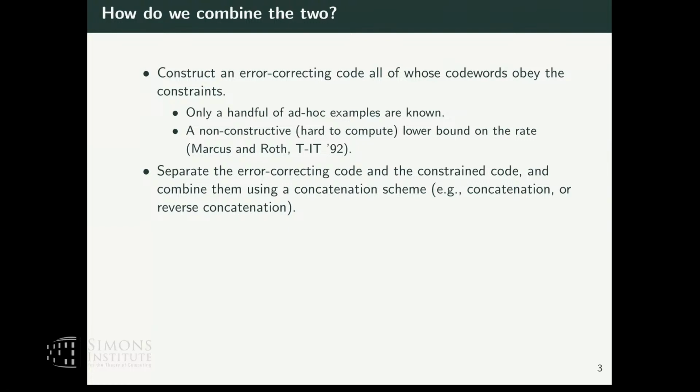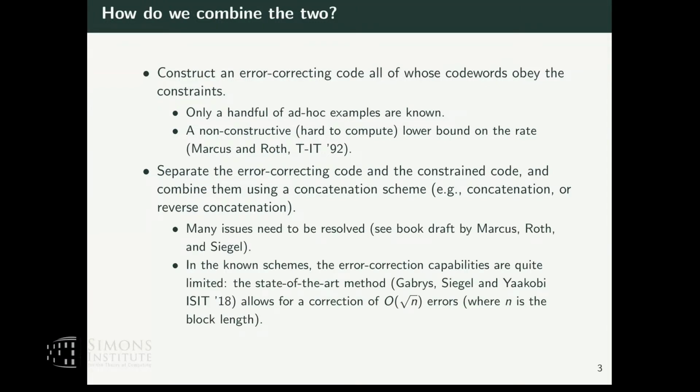The two main ways of doing it are either concatenation or reverse concatenation, referring to whether we first encode the information using the error-correcting code encoder and then the constraint encoder, sending it to the channel, or we do it the other way around, first doing the constraint encoder and then the error-correcting code.